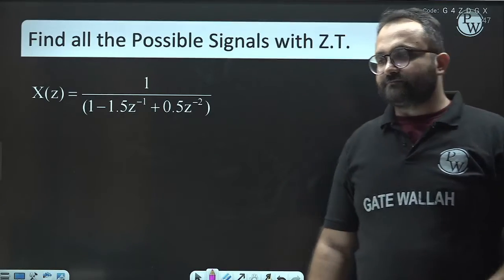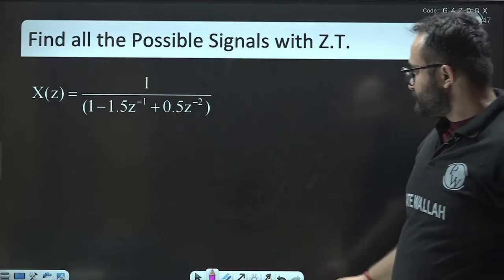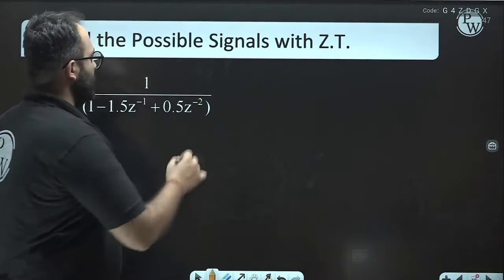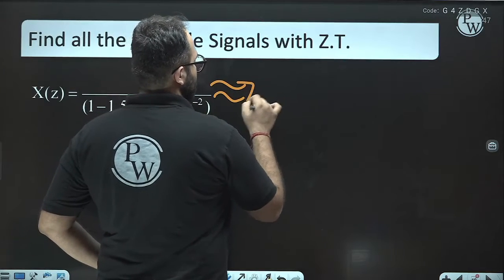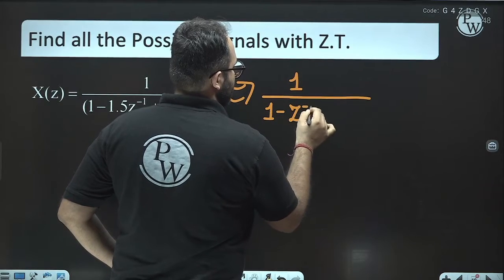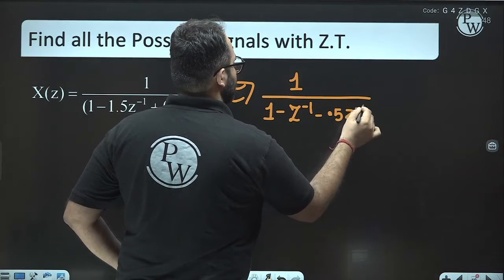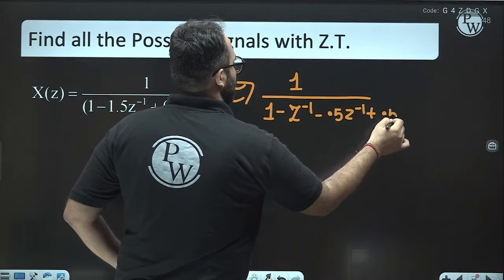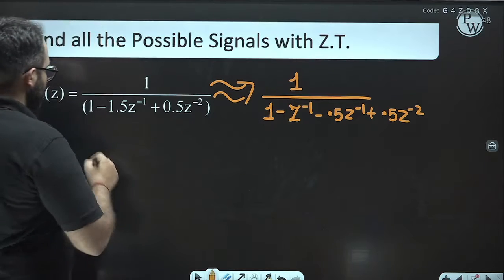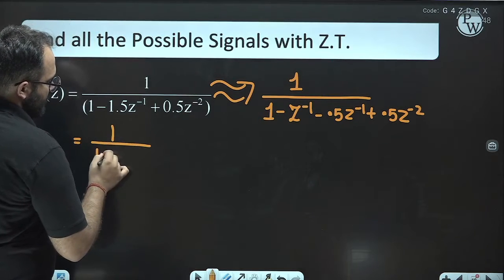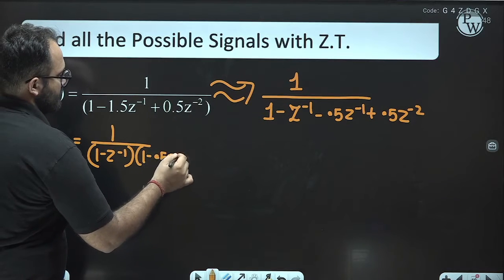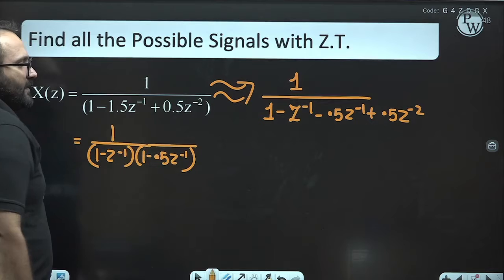Now one more example here. So first of all, we will solve the denominator. 1 minus z inverse minus 0.5 z inverse plus 0.5 z to power minus 2. Okay. So now we will solve this. 1 upon 1 minus z inverse, minus 0.5 z inverse.